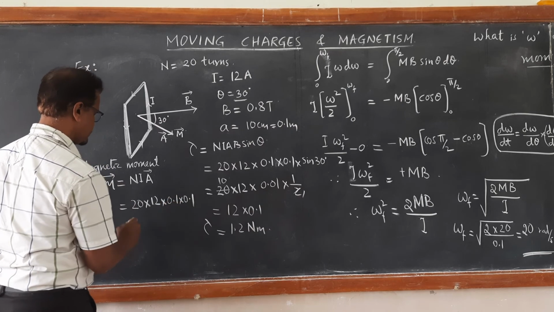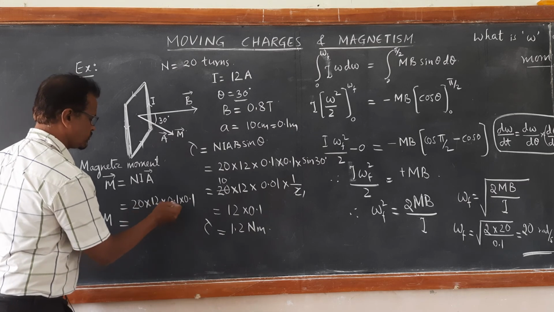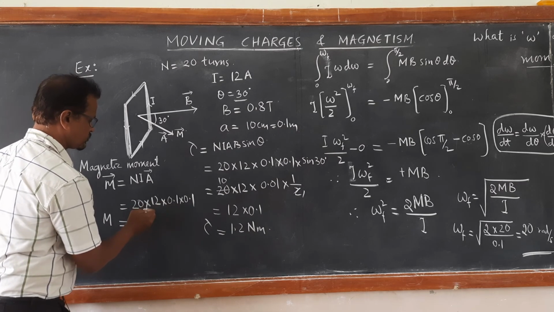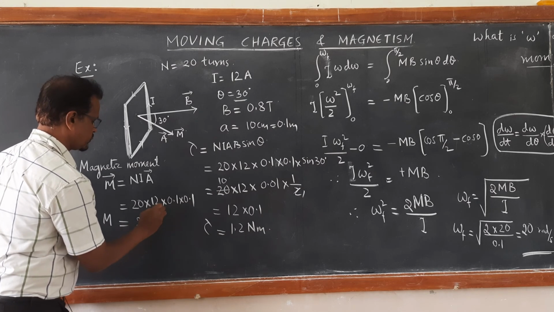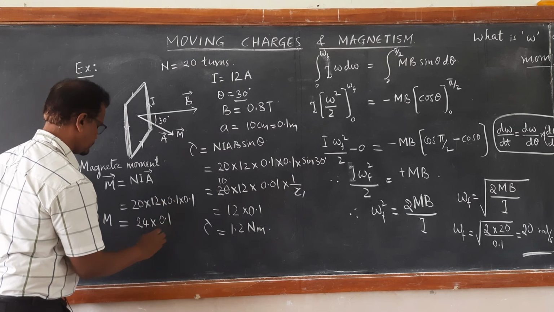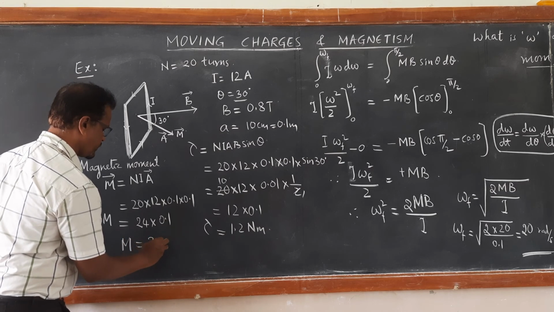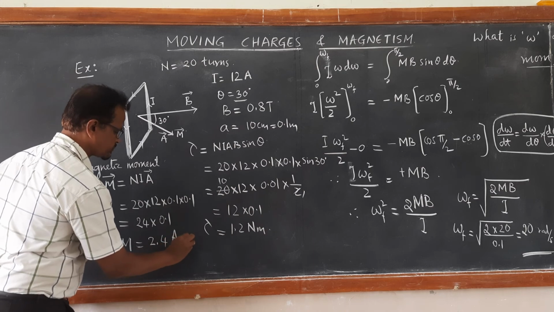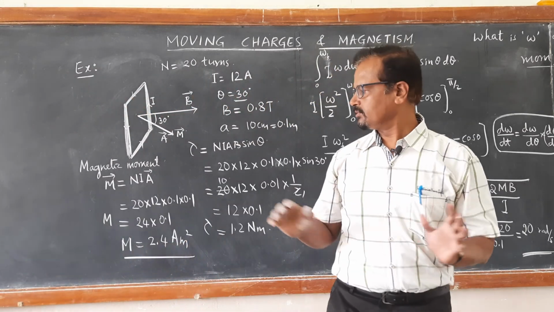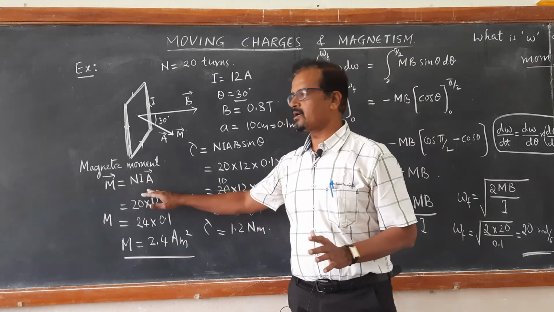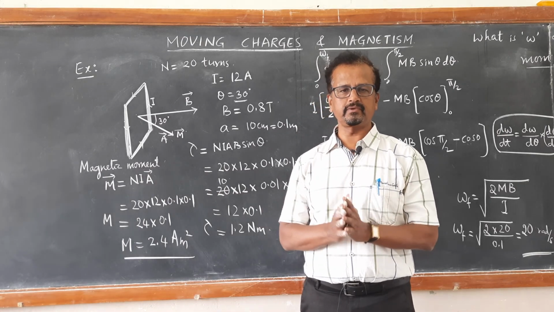So 12 twos are 24, 24 into 0.1, that is the magnetic moment M becomes 2.4 ampere meter square. So this is how, if you remember the concept and the equation, you can very easily solve the problems.